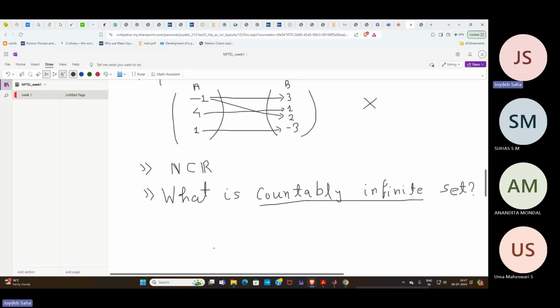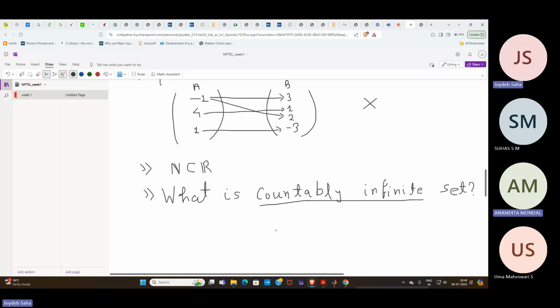So you understand the question, right? There are two questions. What is a countably infinite set? And the second question is, if there is a set, let us call it set A, and we are calling it a countable set, then what does it mean?